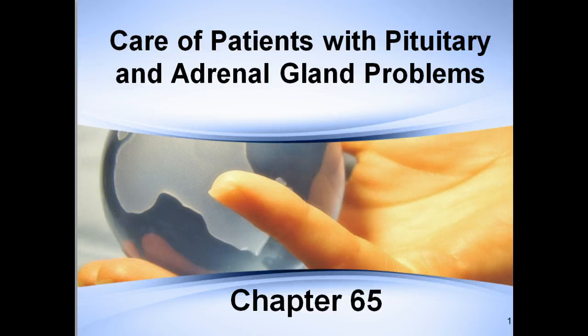You're going to use appropriate interventions to prevent injury in the patient with hypercortisolism. You're going to modify the environment to reduce stimulation for the patient with pheochromocytoma. Teach patients how to avoid increasing intracranial pressure after pituitary surgery. Identify the teaching priorities for the patient taking hormone replacement therapy.